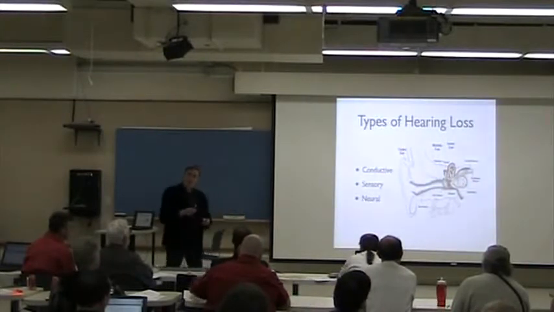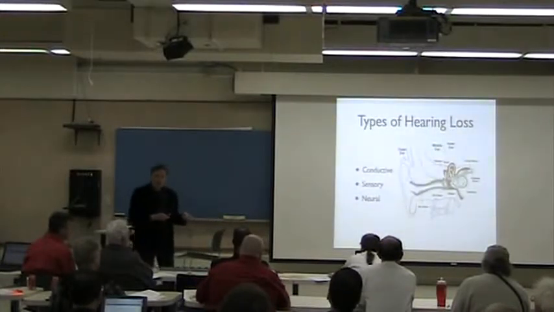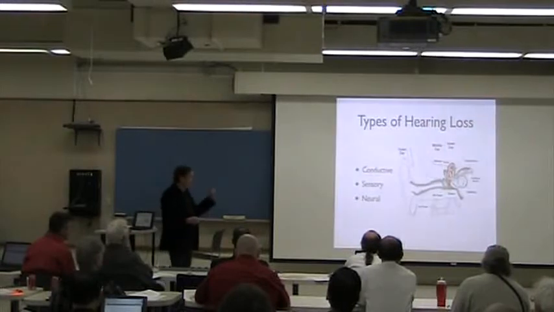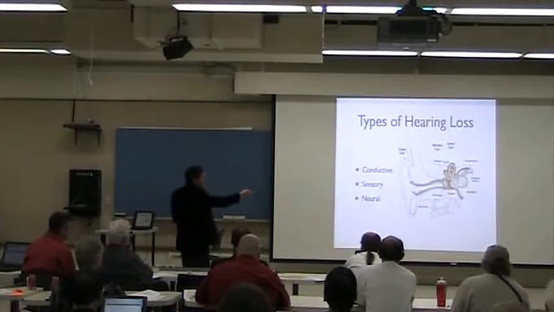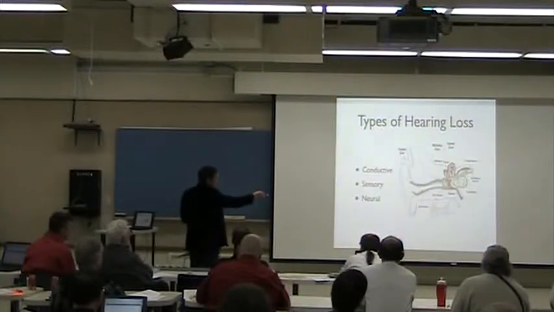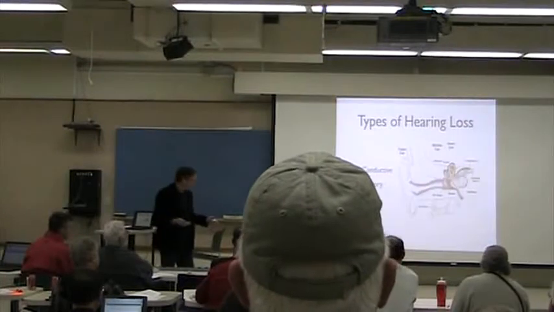And the cochlea is a very important part, because it is the converter which converts the sound pressure into electric signals. These electric signals go with the auditory nerve to the brain. So this is how we hear.